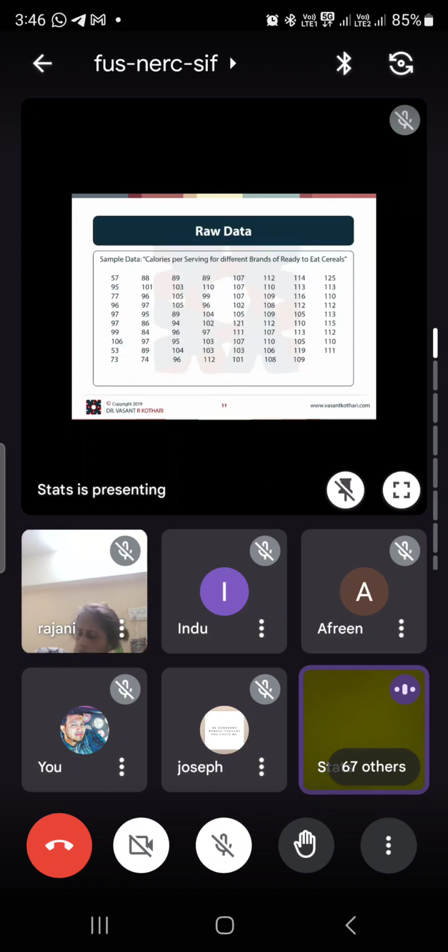Okay, now let's see. In statistic, you will always get numbers like this. These are the raw data. The numbers will be thrown to you in this manner only. There could be 10 numbers or 10 million numbers. It will always be random data given to you.